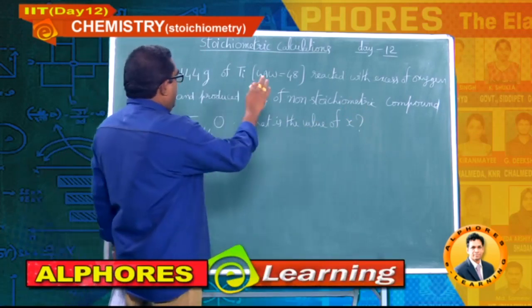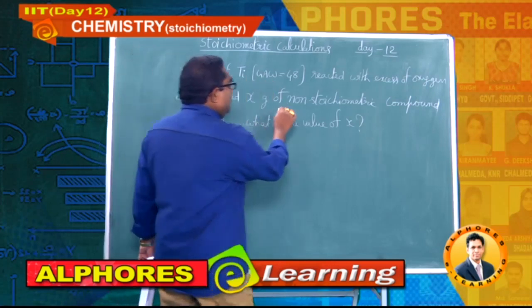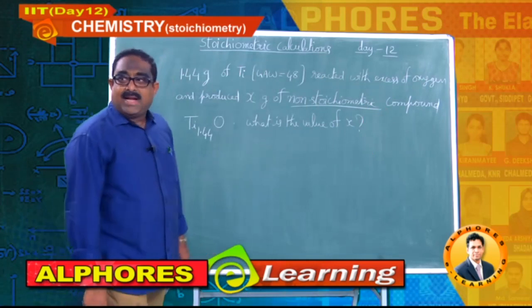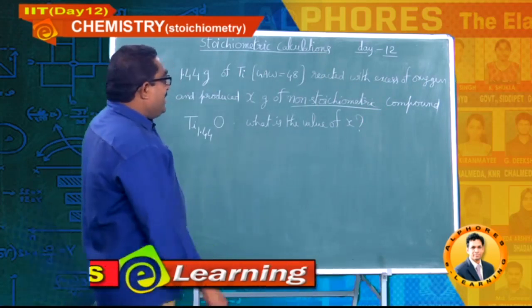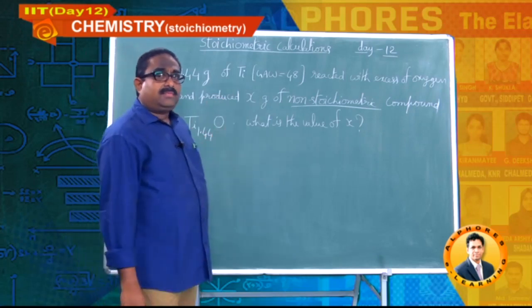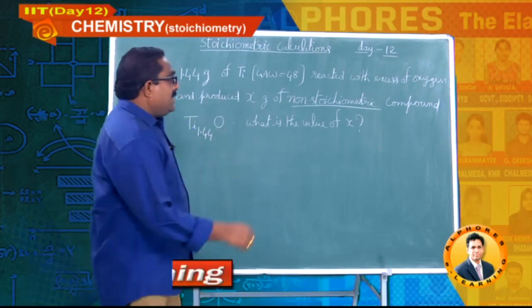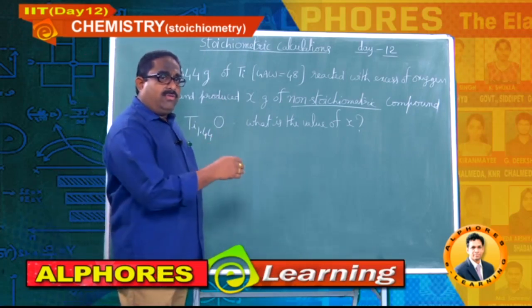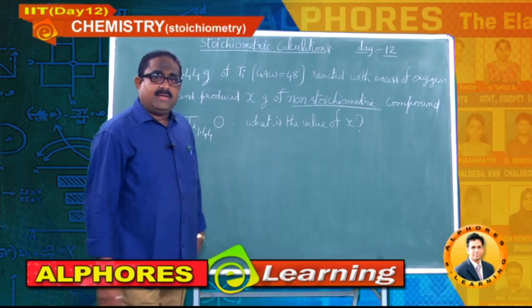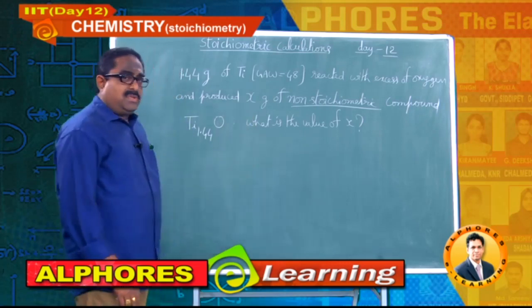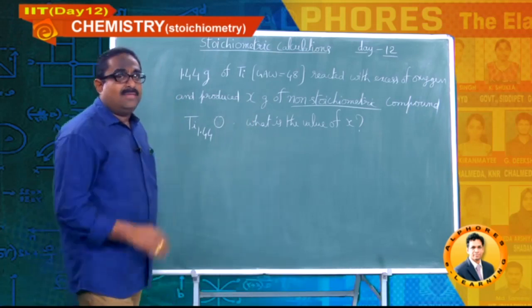Here this is normal data except this particular concept, non-stoichiometric compound. Stoichiometric compound, non-stoichiometric compound. Coming to stoichiometric compound, it follows simple empirical formula calculation where the number of atoms of different elements possess a simple whole number ratio.